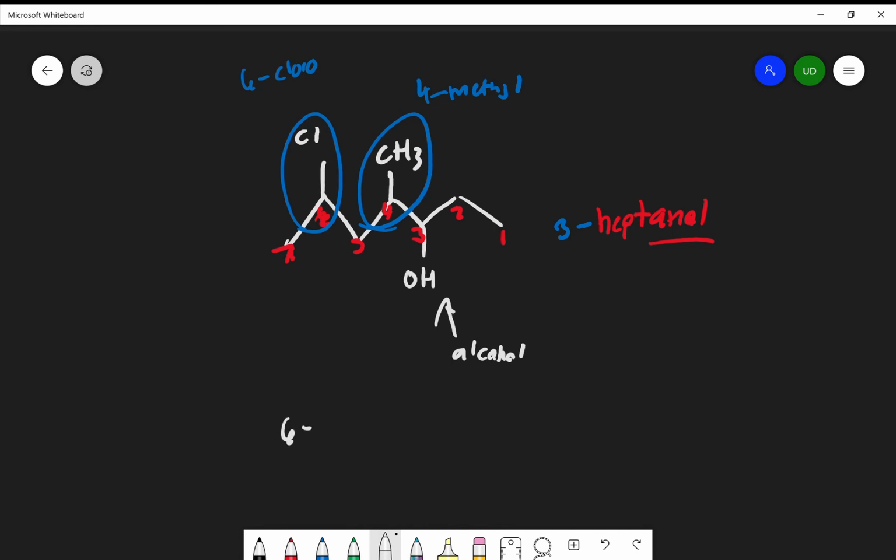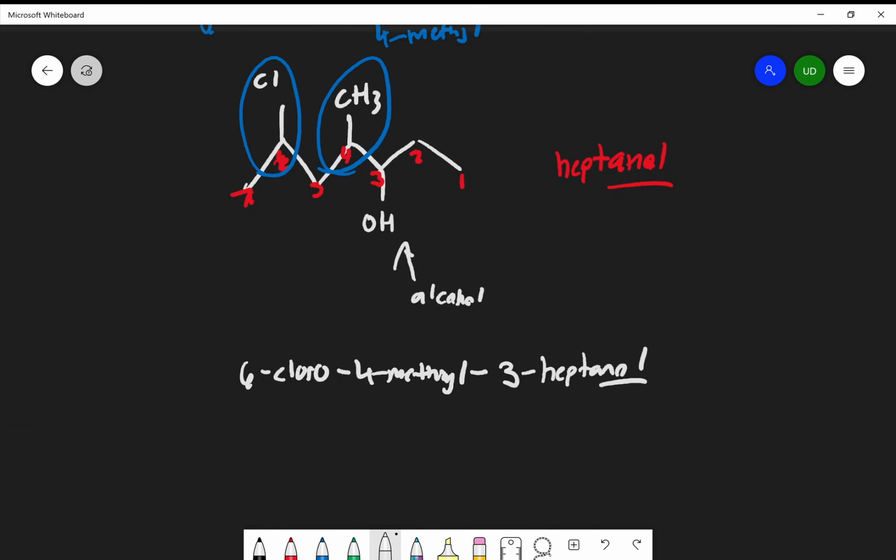So its proper name would be 6-chloro hyphen 4 methyl, and then on carbon number 3, we have our parent group and our alcohol. So it'd be heptanol. So this is the correct way of writing this carbon chain with alcohol.